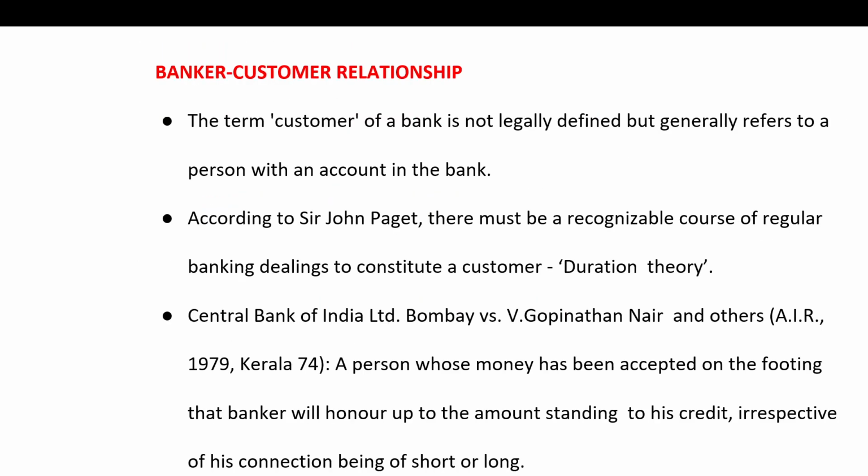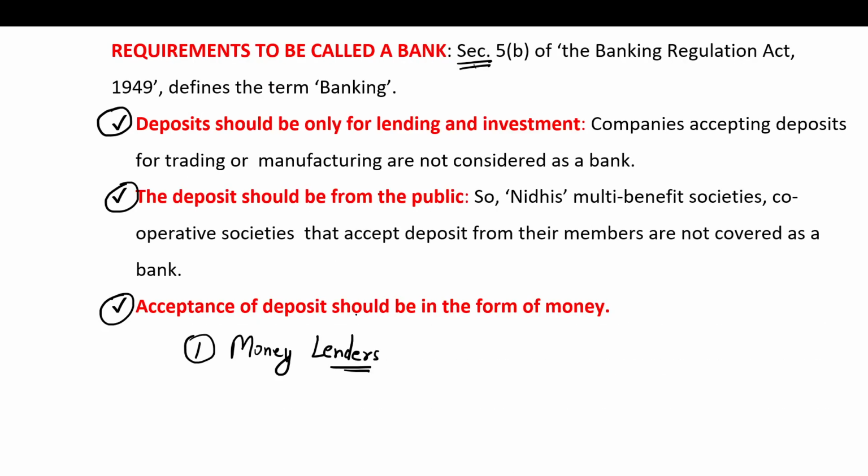Again, there are certain other activities which a bank can undertake, and they are provided under Section 6. So, Section 5 defines the term banking. It is a definition section, and then Section 6 permits a bank some activities. Like, what are those activities?